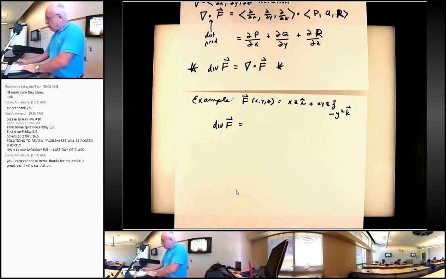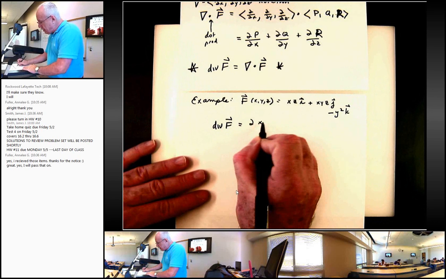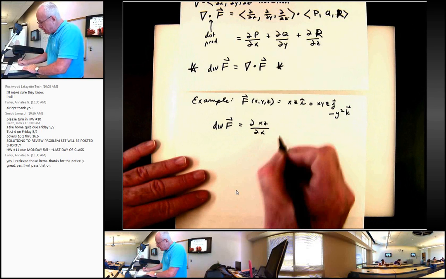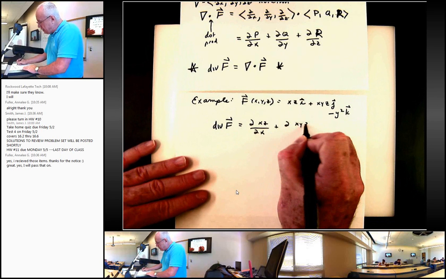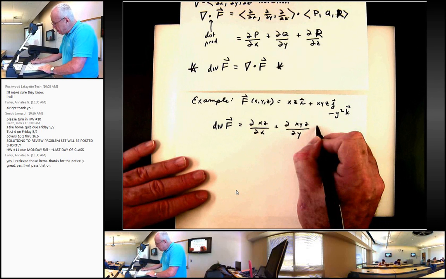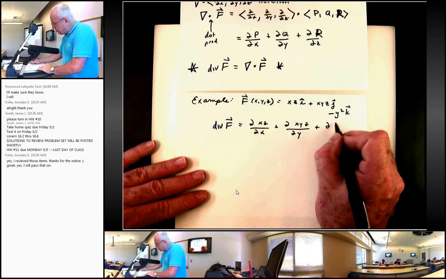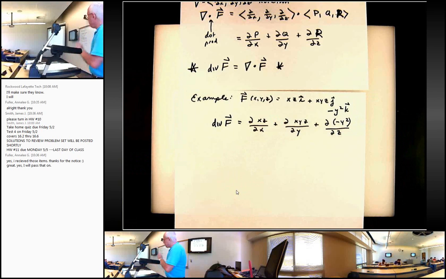So the first function, xz, we do the ∂ of xz with respect to x, plus ∂ of xyz with respect to y, and then plus ∂ of negative y squared with respect to z.